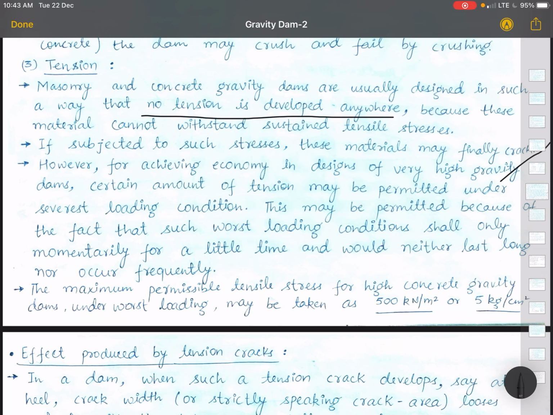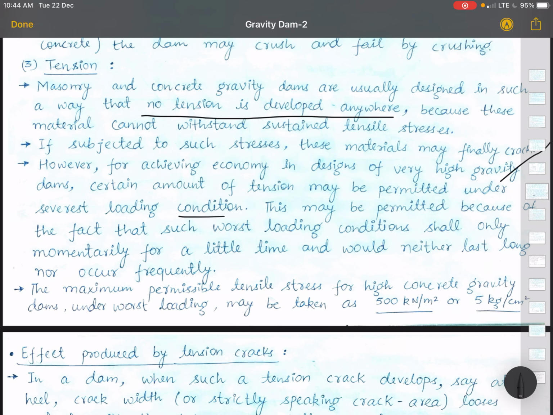However, for achieving economy in the design of very high gravity dams, a certain amount of tension may be permitted under the severest loading condition. So if loading is very severe, we have to allow certain tension, but it should not be greater than the permissible value.